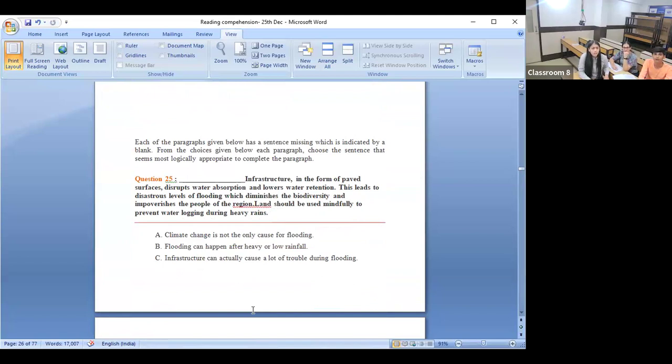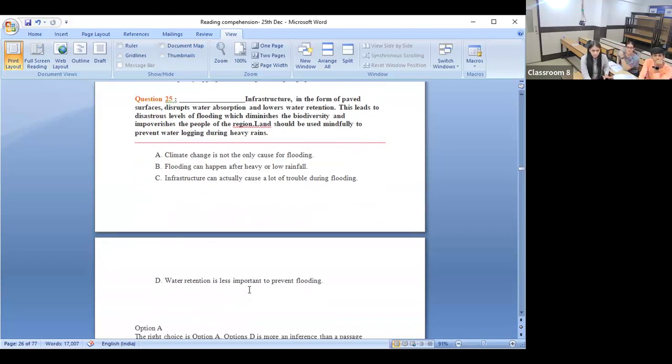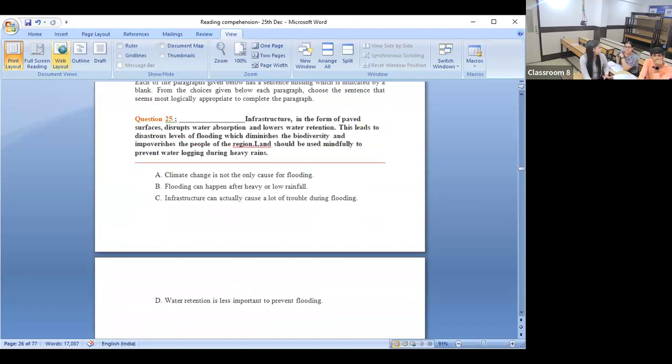It has a sentence missing, which is indicated by a blank. You have to fill the sentence and you get the choices over here. And here you have to use your brain. Which do you think is the most appropriate one? Clear? And I don't think we have this in the textbook, because this is from another text.